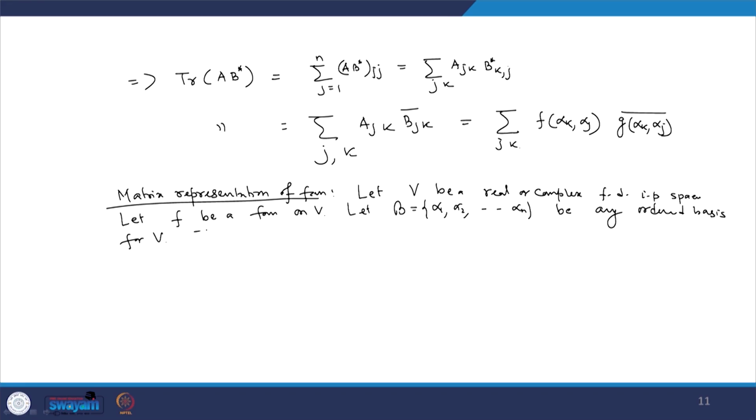Then a_jk equal to f of alpha k and alpha j.